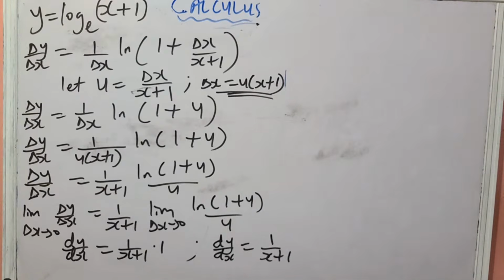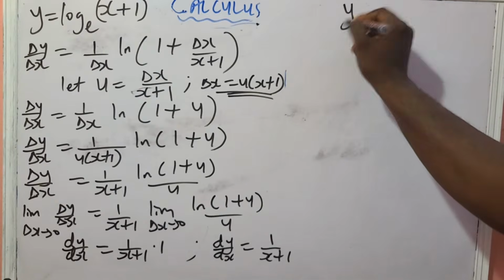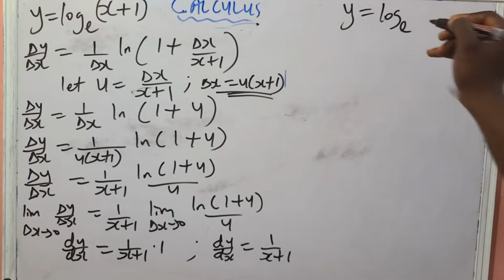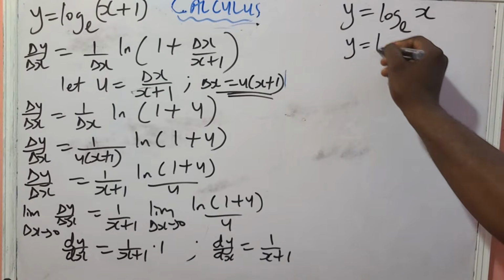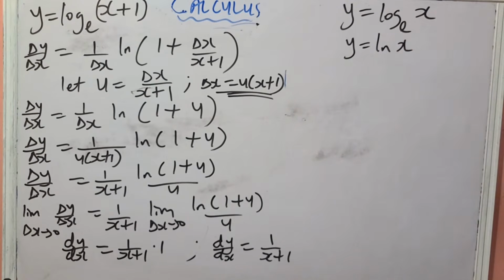The question I want to solve is the one I asked before, which is y equals log e of x. If you place this normally, it's better to write it as y equals ln x if you want to use the general way.